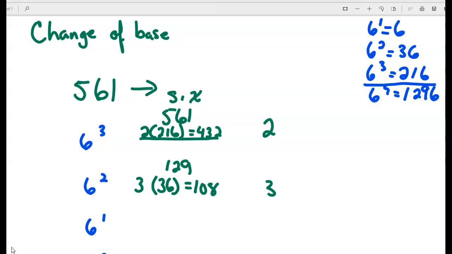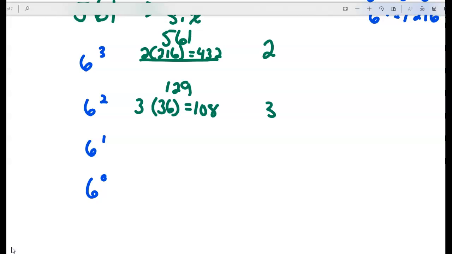So over in this column is the number of times one of these values goes into my remainder. Then I take 129 minus 108, and that gives me 21.